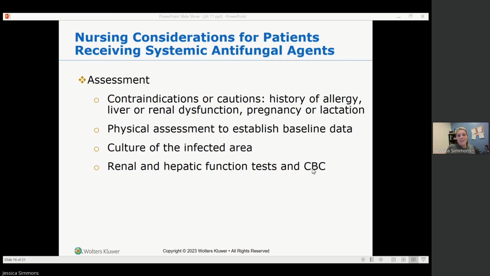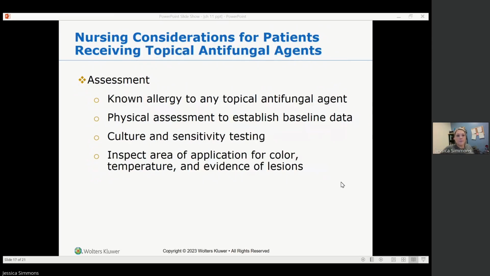You want to have a baseline for these labs, and you also want to follow up according to your ATI book, with weekly kidney function tests and weekly CBC and hematocrit. Okay. And then for ketoconazole, it talks about monitoring liver function monthly. Okay.